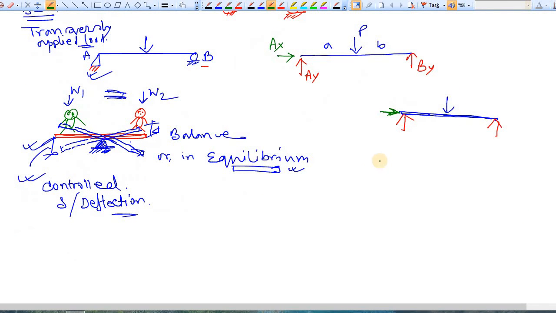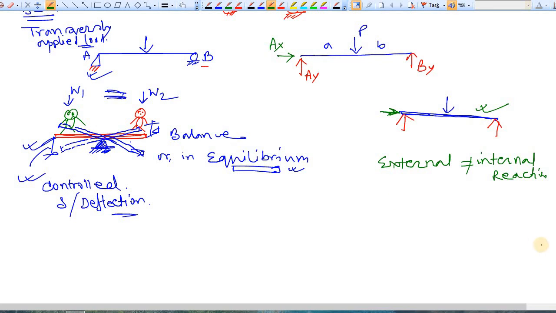So if this external force is not equal to this internal reaction, of course this beam mechanism will not be in equilibrium.